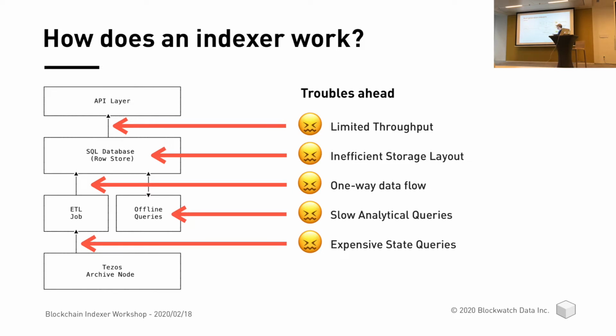But this data store is embedded, so it's not an external database server. You don't need to operate an external database server or an external cluster of database servers. It's actually an embedded database that sits next to the indexer. And this close connection allows for much more efficient indexing of the blockchain and much more efficient layout of the storage.